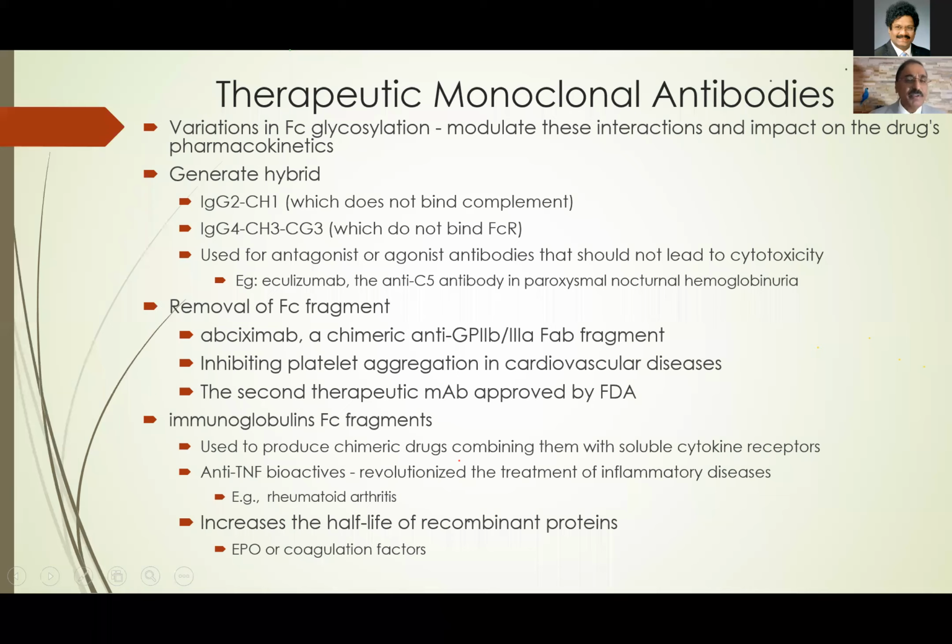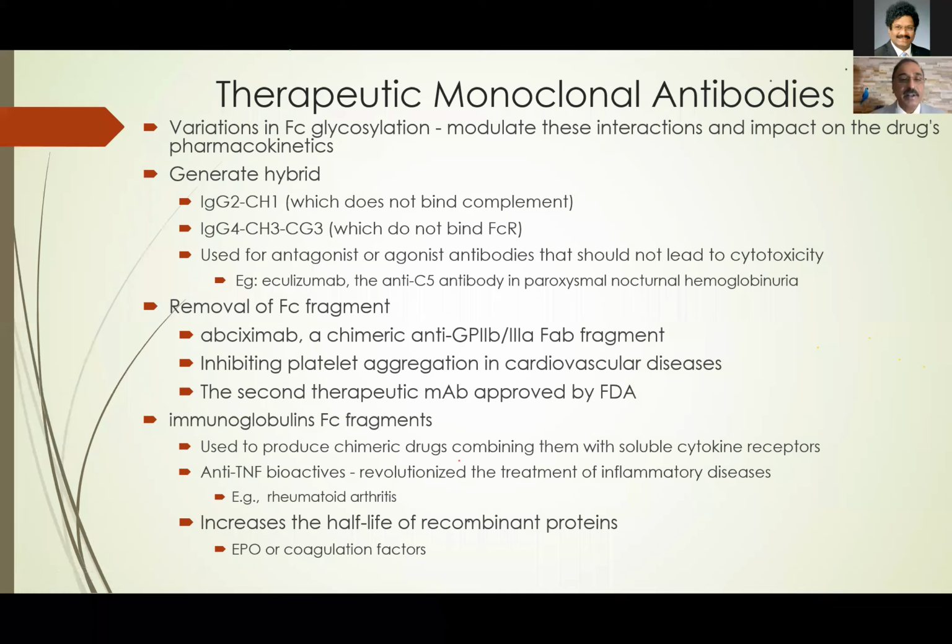And there is the removal of the Fc fragment. Some of them we were able to remove it, so we are only using the antibody portion, the Fab portion. The first one is abciximab, a chimeric antibody against the GP2B and 3A Fab fragment. These protein molecules, GP2B and 3A, are essential for platelet aggregation.